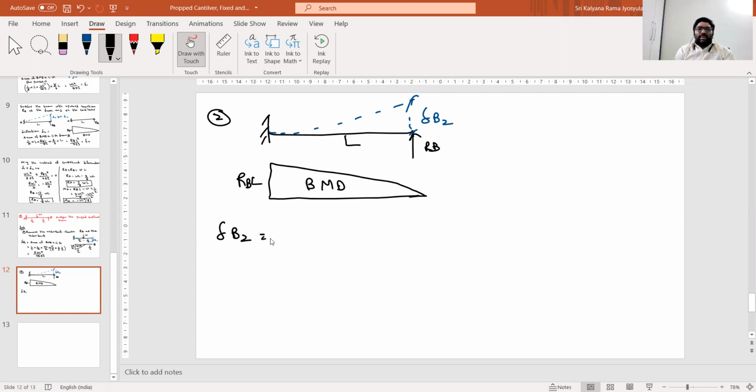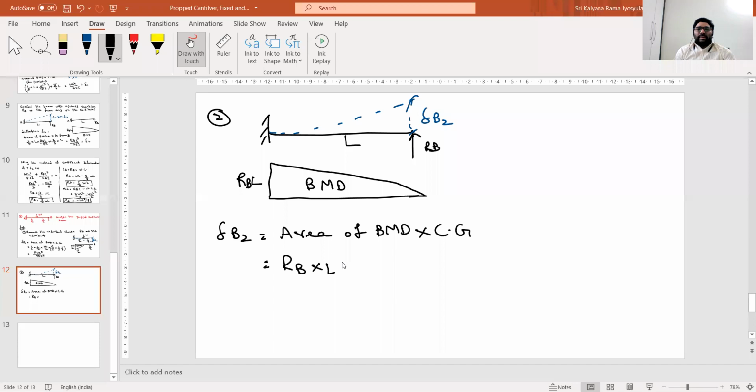So delta B2 is equal to the area of the bending moment diagram multiplied by the center of gravity. What is the area of the bending moment diagram? Same process: RB into L multiplied by L into L by 2. You can consider it positive or negative.